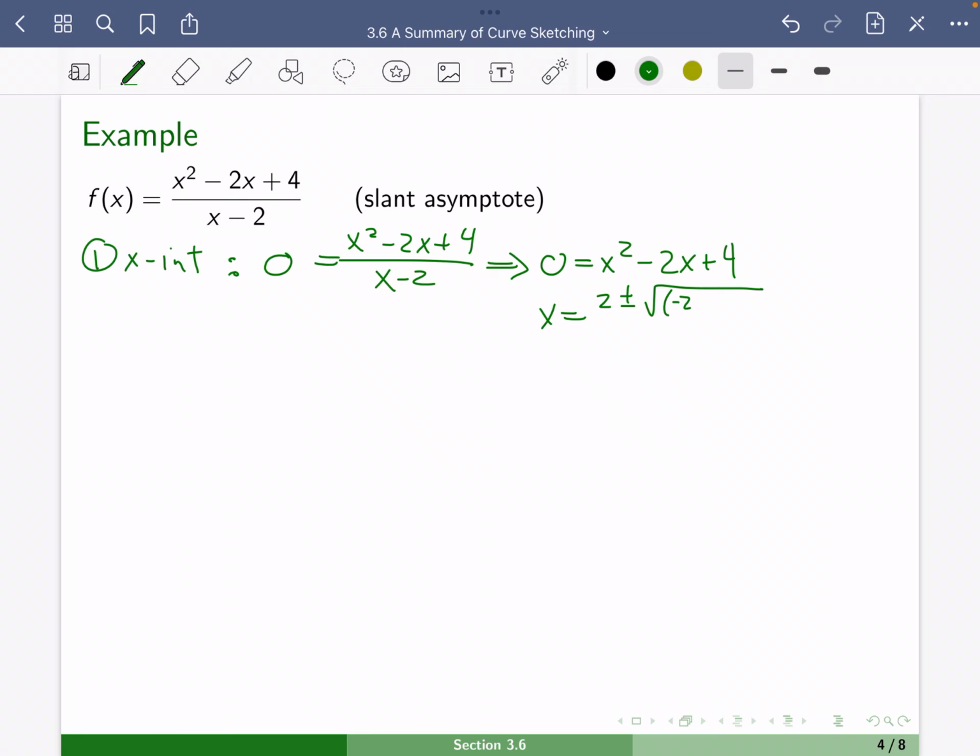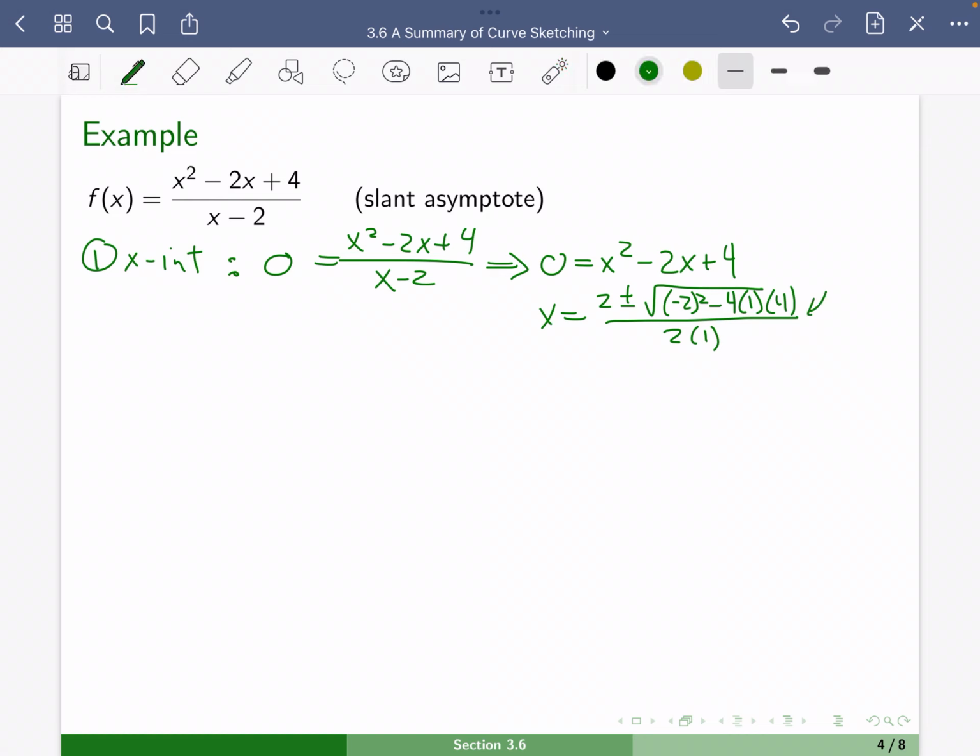b squared minus 4ac, all over 2a. And if we do that, we can observe that underneath the square root is going to be a negative. We'll have 4 minus 16, so we'll have a negative 12 under the square root.